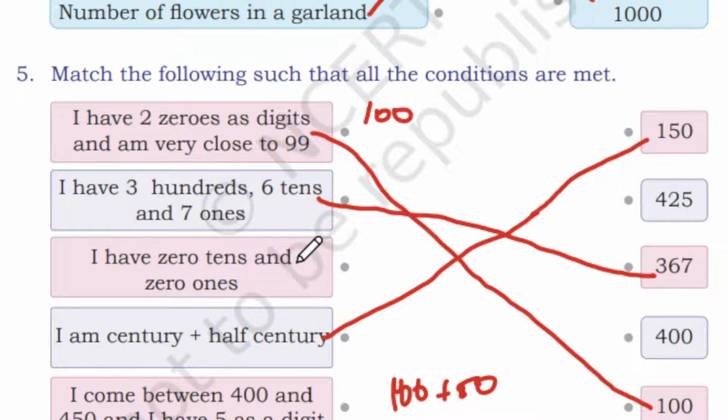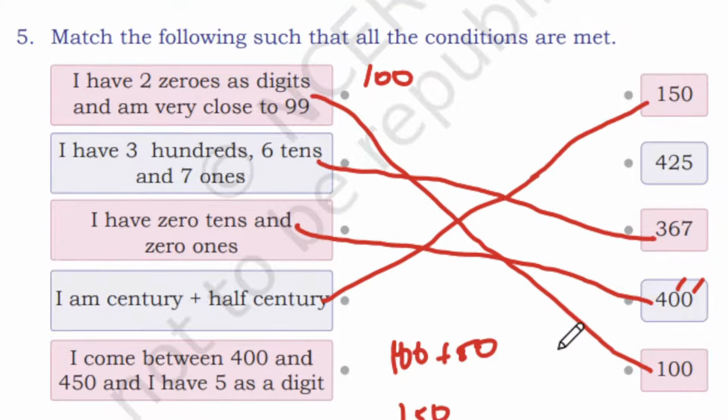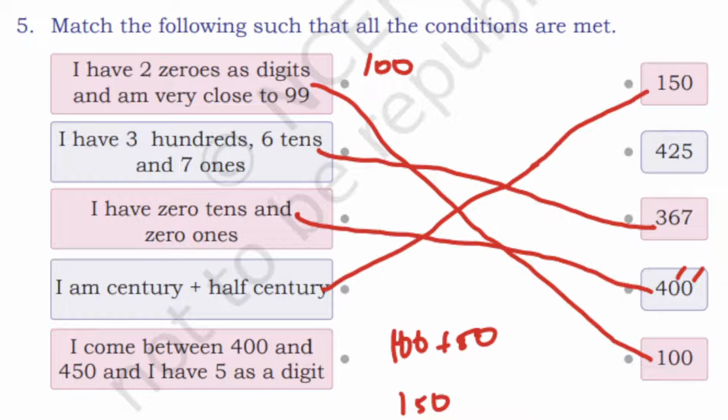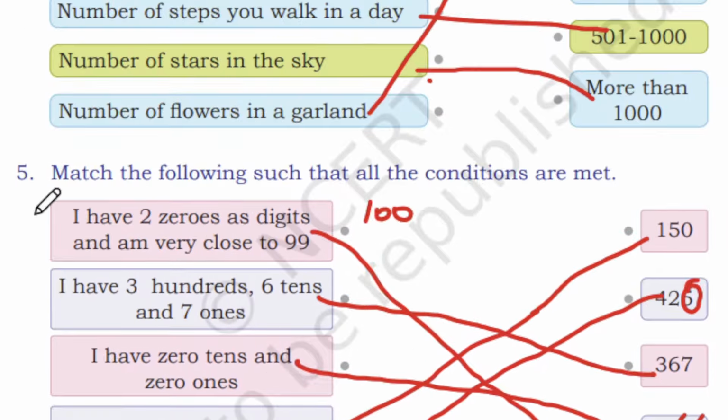So 400. So 400 has zero tens and zero ones. The last one, I come between 400 and 450 and I have 5 as a digit. So it's 425, which is between 400 and 450 and has 5 as a digit. Okay, so this is an important question for your exam.